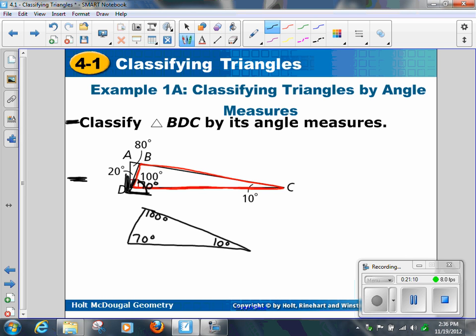Now, classify that by its angle. Is that an acute, an obtuse, or an equiangular? Why is it an obtuse and not an acute? Because 100 degrees is an obtuse angle. That right there makes this an obtuse triangle. Write that down.